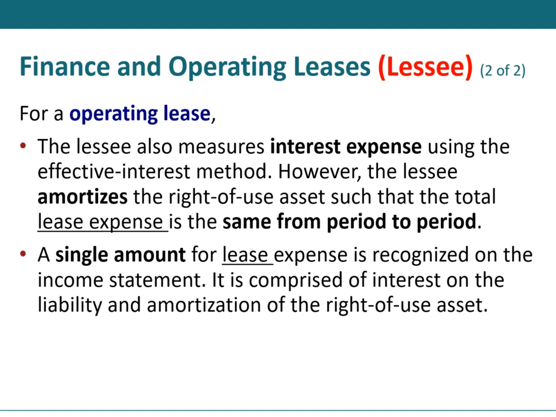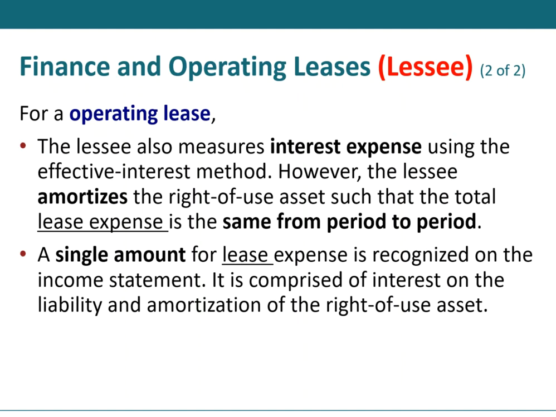So the lease expense will equal the payment that the lessee is making to the lessor. And a single amount, lease expense, is recognized on the income statement. It's comprised both of the interest on the liability and the amortization of the right-of-use asset. So on the income statement, the lessee records a single amount called lease expense that doesn't change over time.